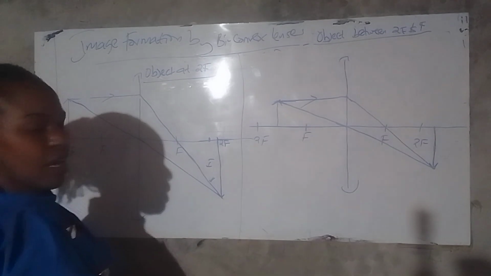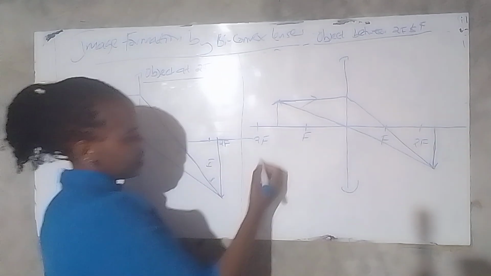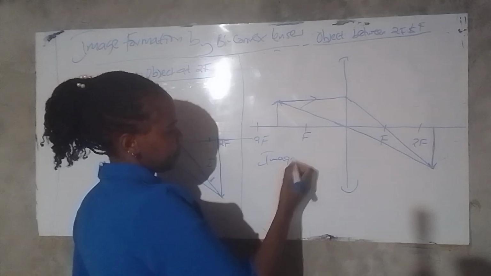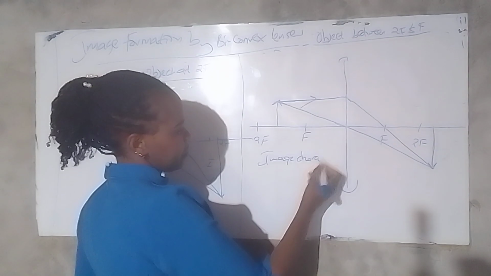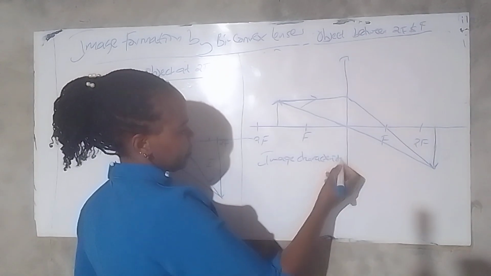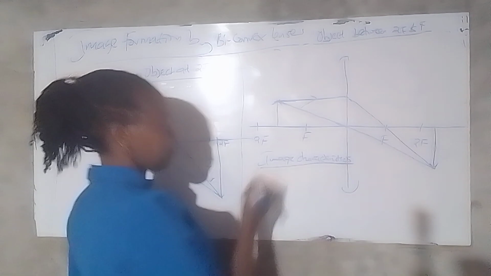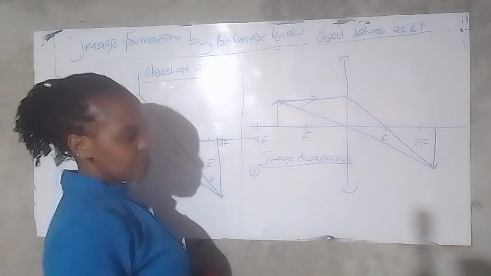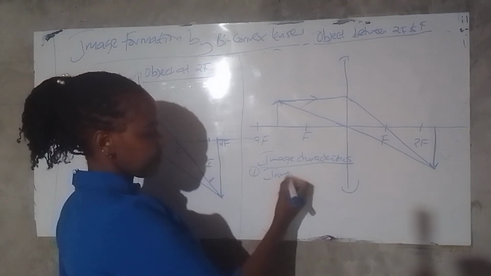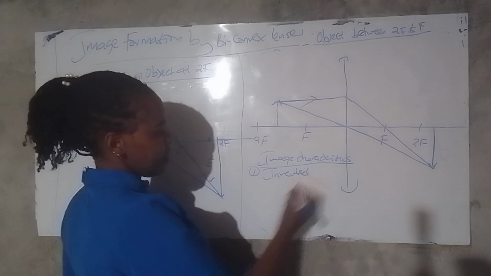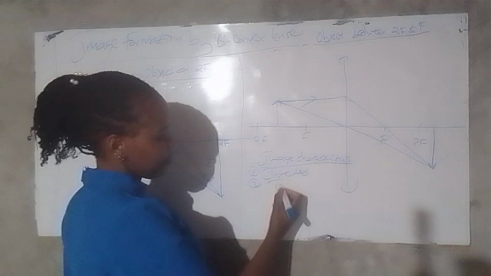So what can you say about that image? So image characteristics. One, that is very obvious, is that it is inverted. Two, it is true.